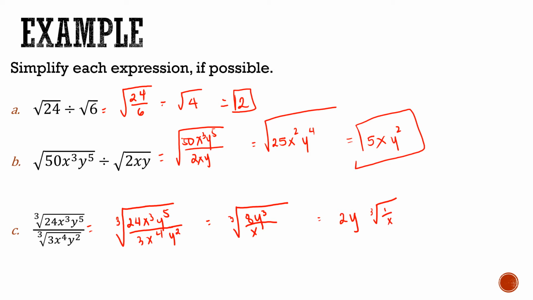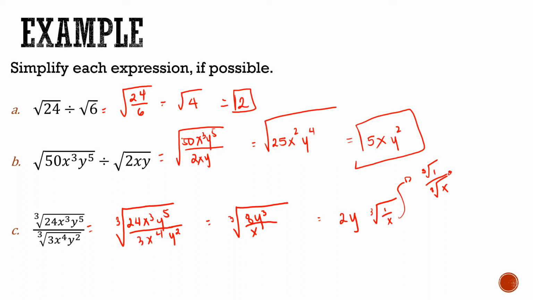However, we need to simplify 2y cube root of 1 over x. So this will become cube root of 1 over the cube root of x. So we need to simplify or rationalize the denominator.